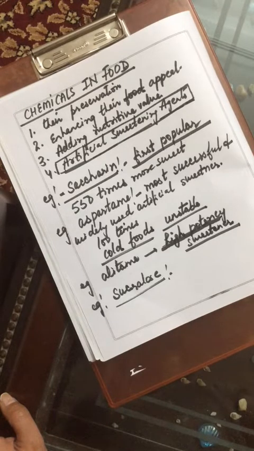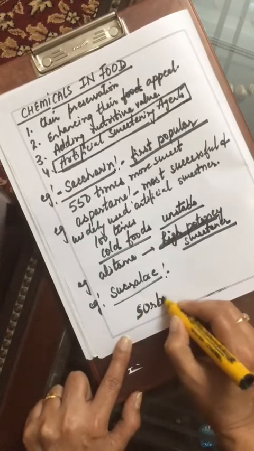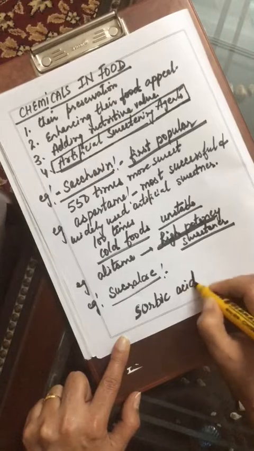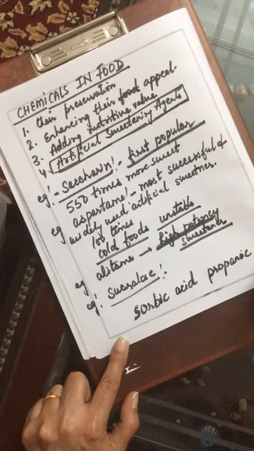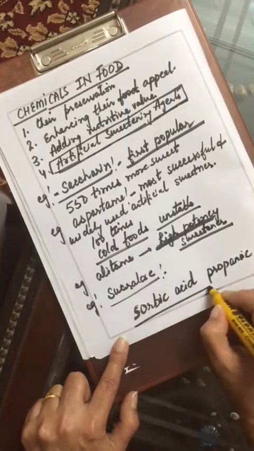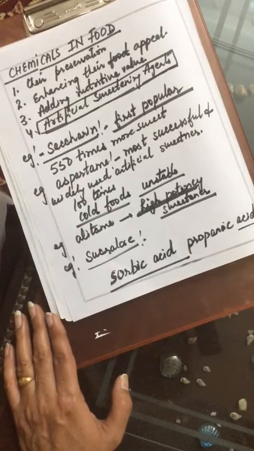Examples of food preservatives are table salt, sugar, vegetable oils, and chemicals like sodium benzoate, and salts of sorbic acid and propanoic acid. These are food preservatives. I hope, girls, this topic is clear to you.